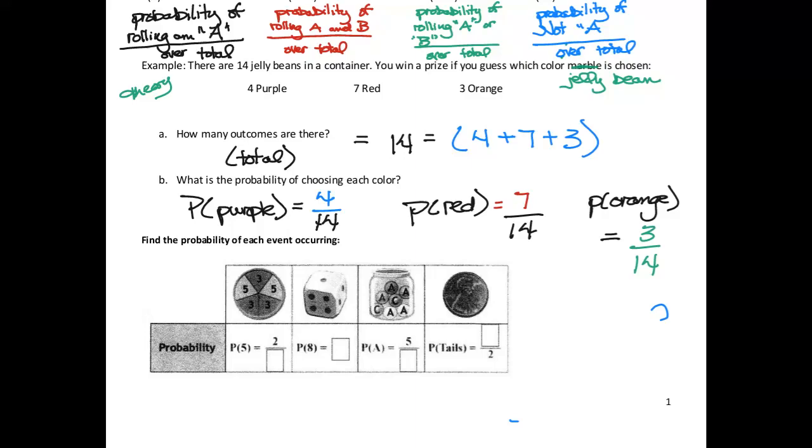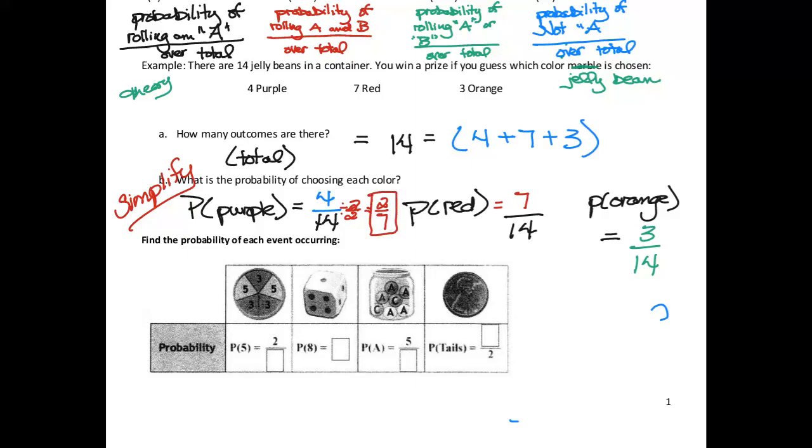Now, here's something else we need to do. We need to simplify. When it comes to fractions, we often have to simplify. When it comes to probability, we need to simplify. So what do both 4 and 14, what is a factor? What can I divide those by? 2 over 2, which gives me 2/7.